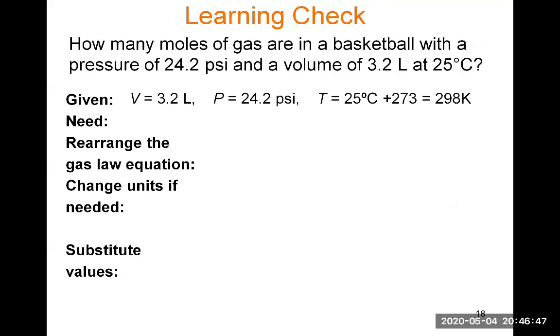So V is 3.2 liters, P is 24.2 psi, and T is 25 degrees Celsius. And you should always change your temperatures to Kelvin because when you are using temperature in an equation, it should always be in Kelvin. So we add 273 to the degrees Celsius and we get 298 kelvins.